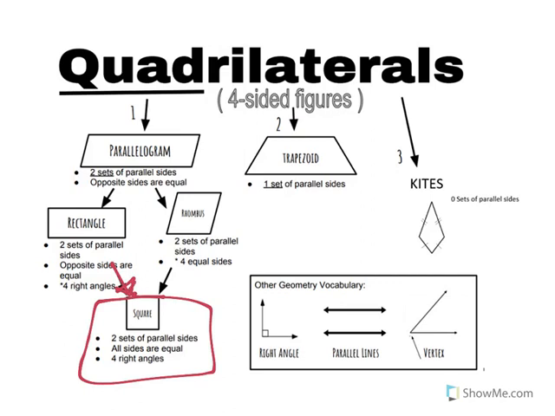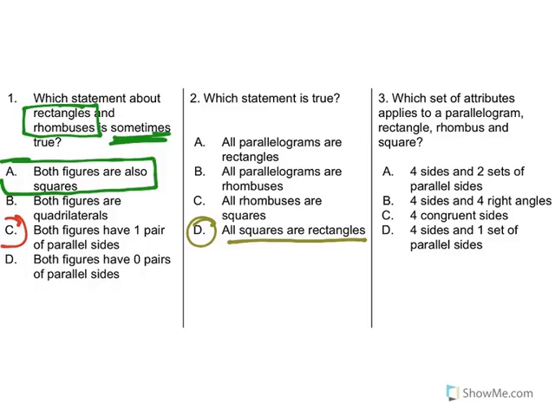Squares are a type of rectangle. They are also a type of rhombus. Since a square has 4 right angles, like a rectangle does, then a square can also always be called a rectangle because it has 4 right angles. So D was our correct answer.